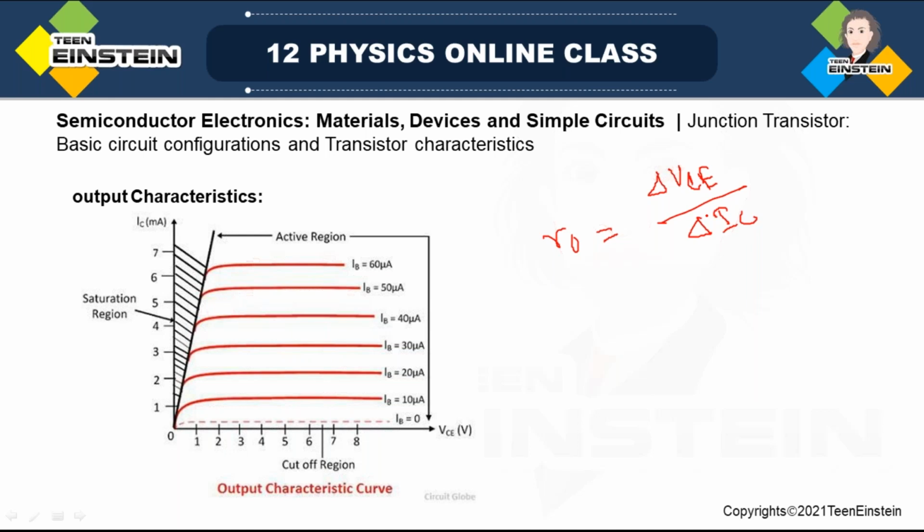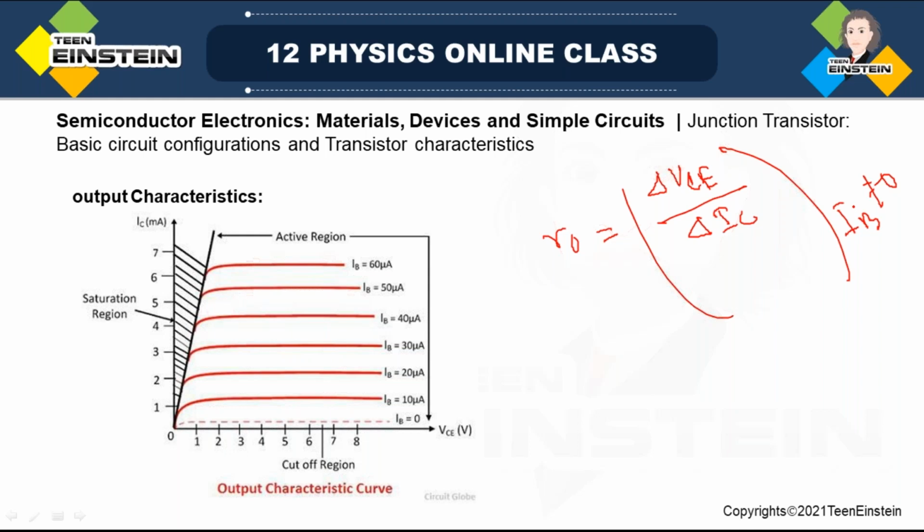So this is the ratio. Obviously this will be for a particular non-zero value of IB, so IB has to be constant, and at this condition you get the output resistance. And what is the range of output resistance?